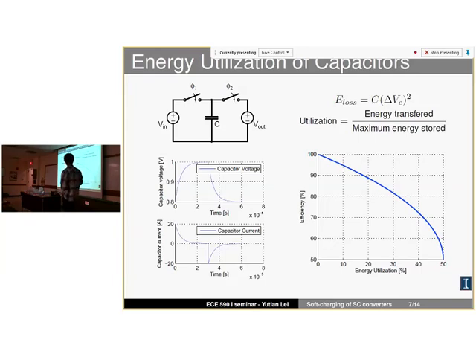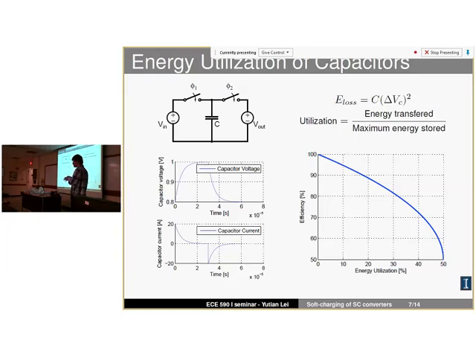So there's a trade-off between these two, which can be seen here, where we plot the efficiency against the energy utilization. For example, if we want 95% efficiency, which is not bad for a converter, we really only utilize 10% of the capacitor energy, the energy that is stored by the capacitor.